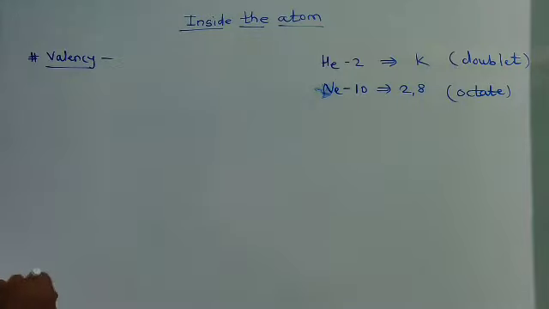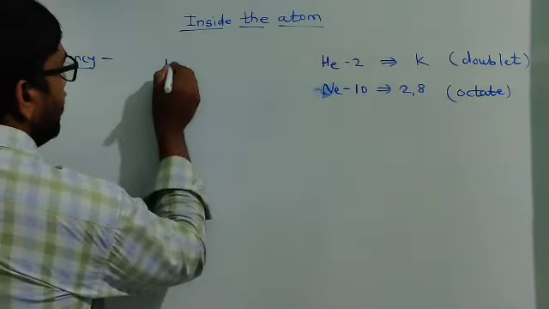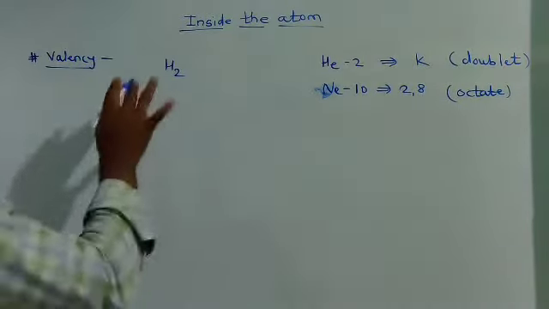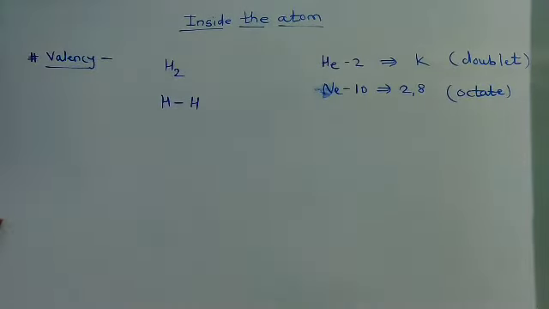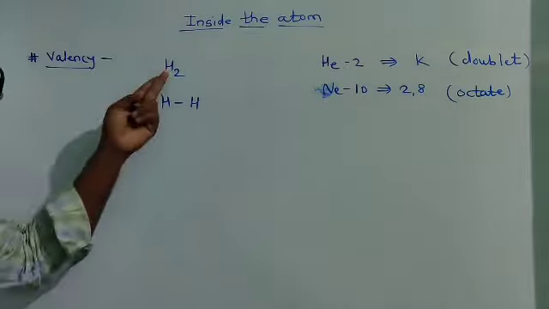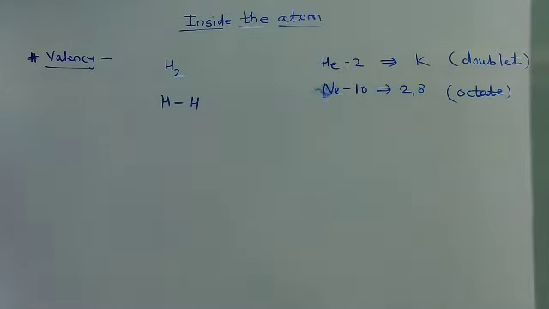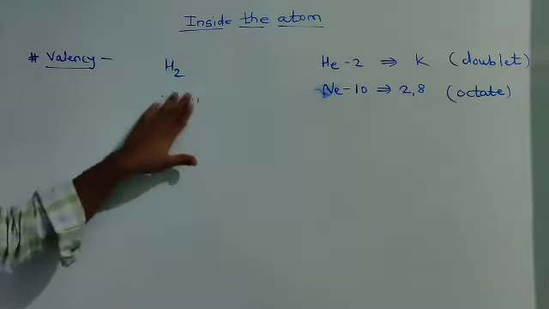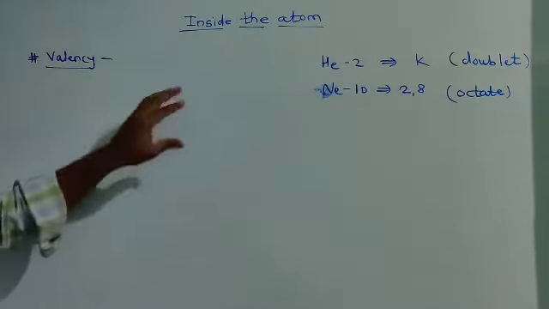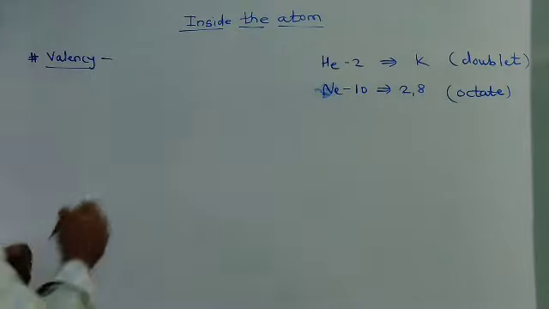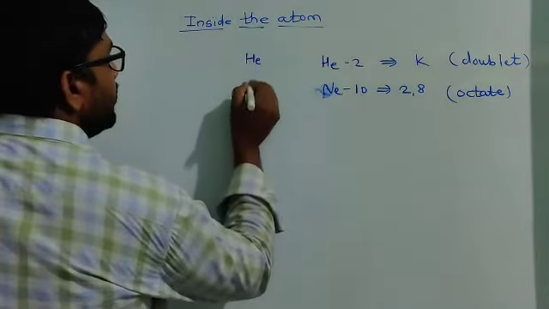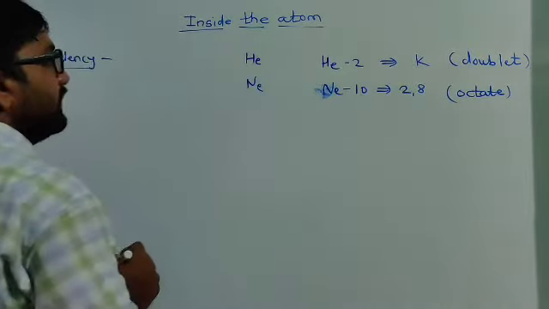Generally if we see hydrogen, then we write hydrogen like this, meaning 2 hydrogen atoms are combined with each other, and then one molecule of hydrogen gas is formed. But if we see helium, neon, argon, krypton, these noble gases, then we always write helium like this, neon like this.